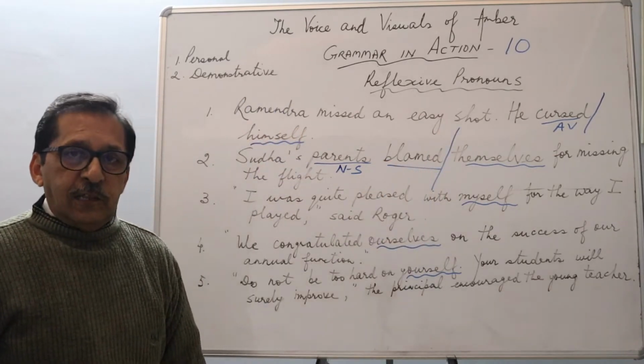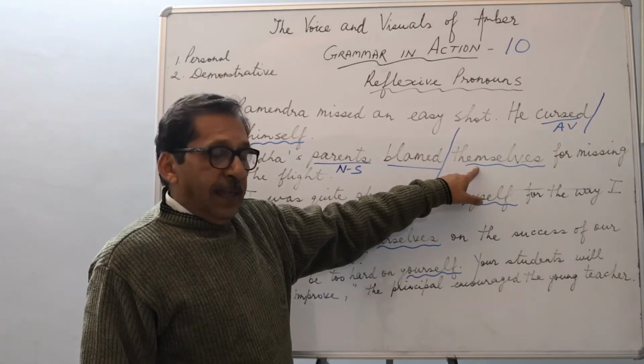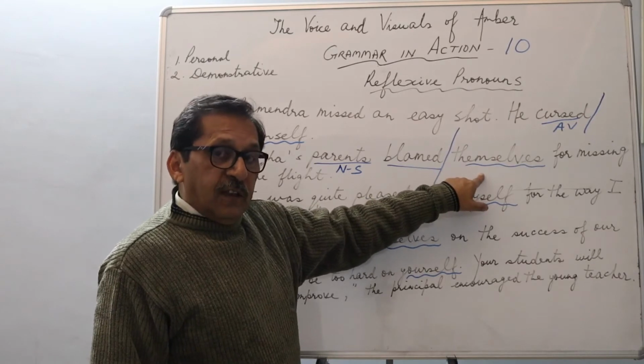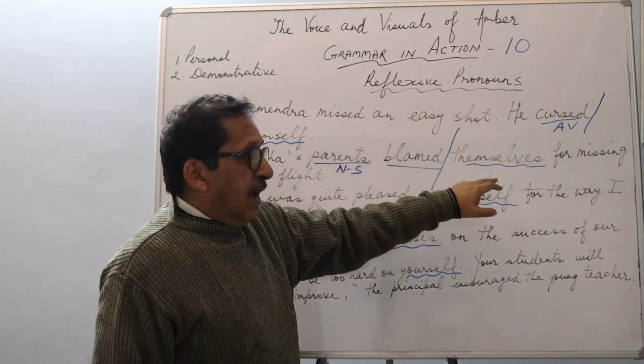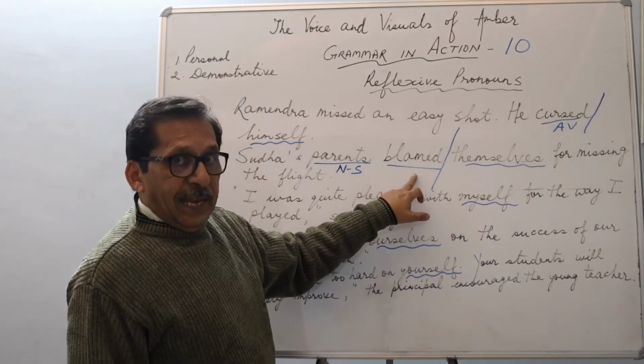Whom did they blame? They blamed themselves. So themselves is the reflexive pronoun acting as the object of the action verb blamed.